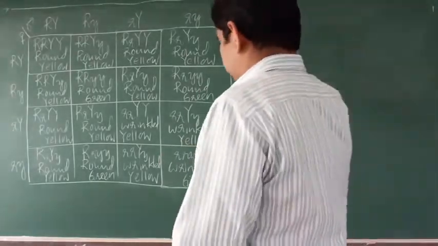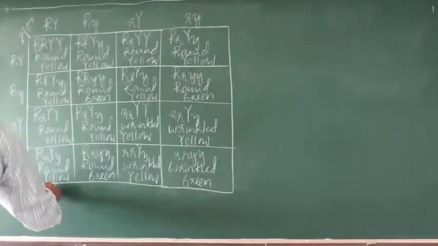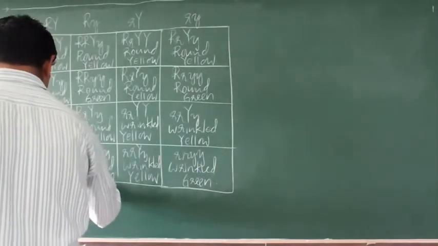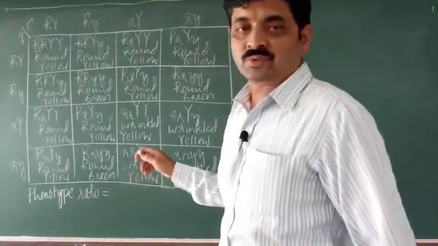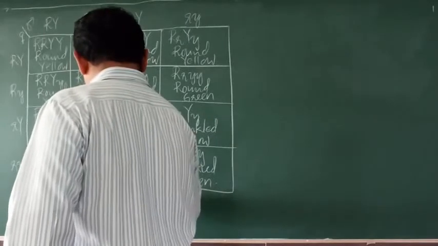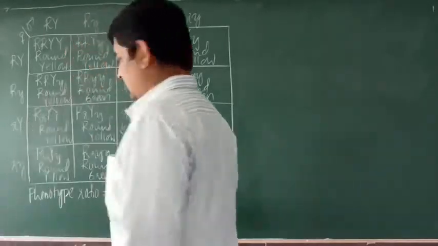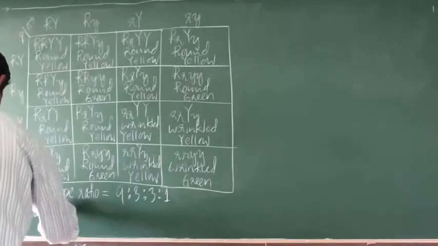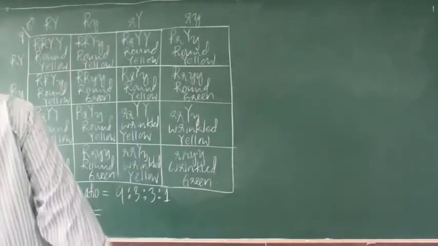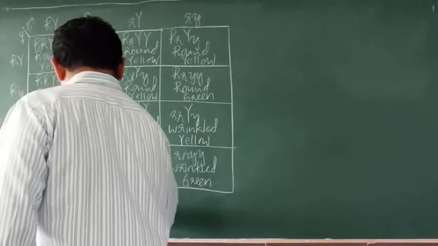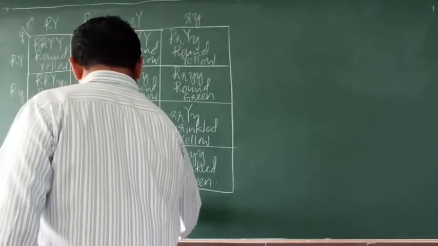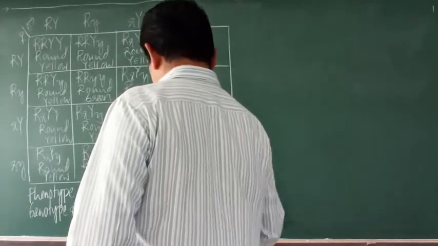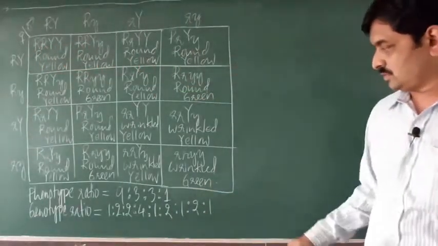Then the ratios. So the phenotype ratio is 9 is to 3 is to 3 is to 1, whereas the genotype ratio, so that is the genotype ratio.